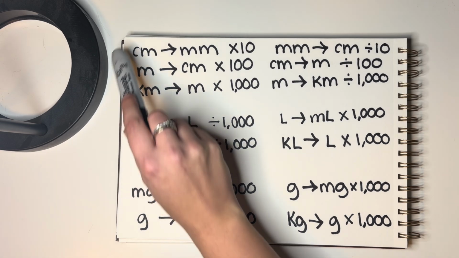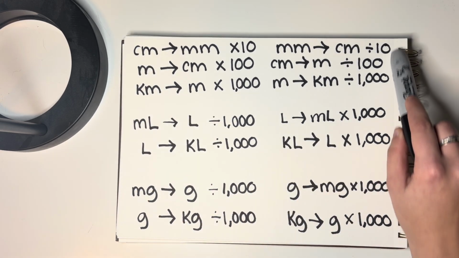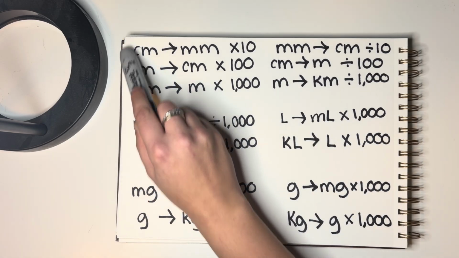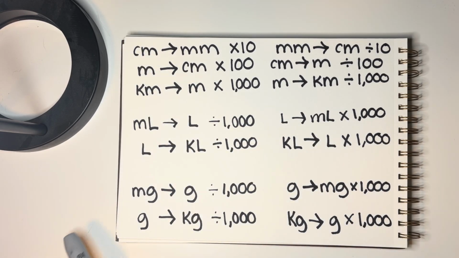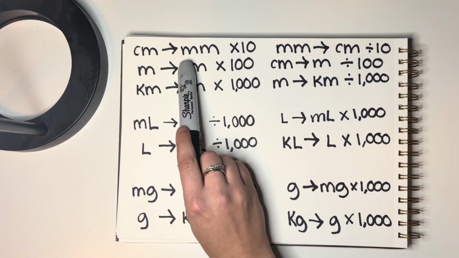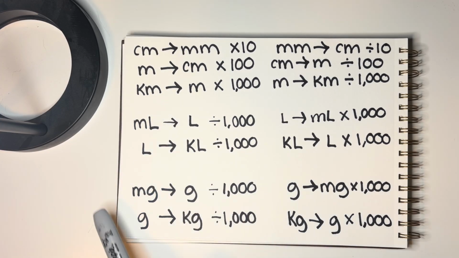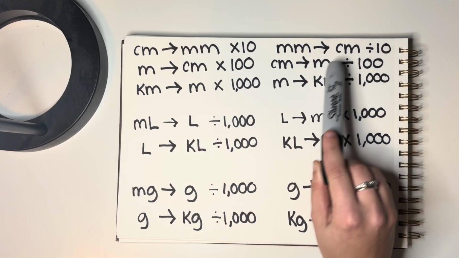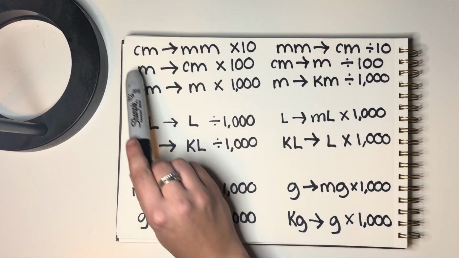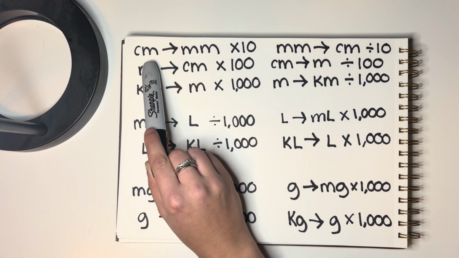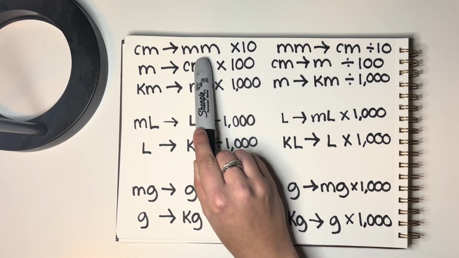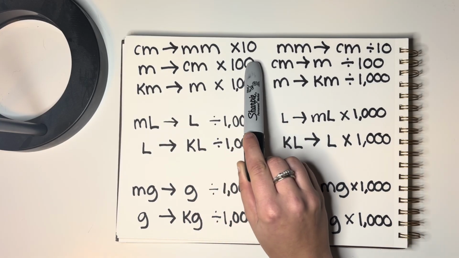So up here we have our units of length. These are all metric units of length. The abbreviations stand for centimeters, millimeters, meters, and kilometers. So that's what these different abbreviations mean. Now, when I have a value of centimeters that I want to convert into millimeters, I multiply that value by 10.